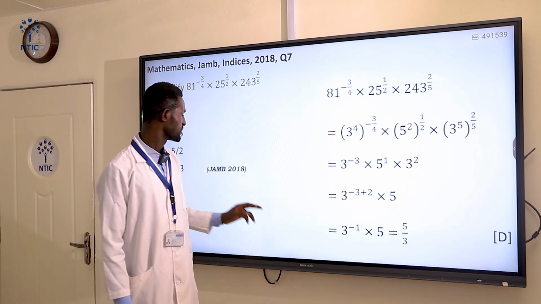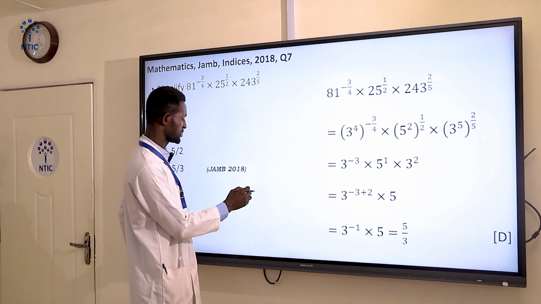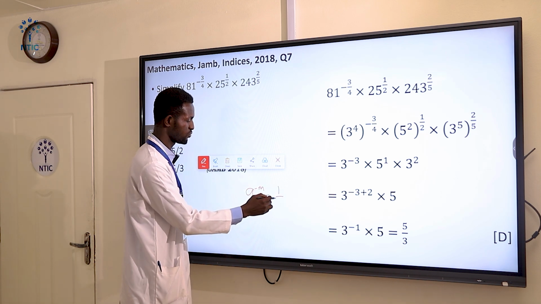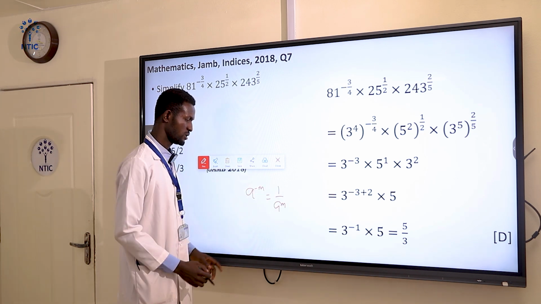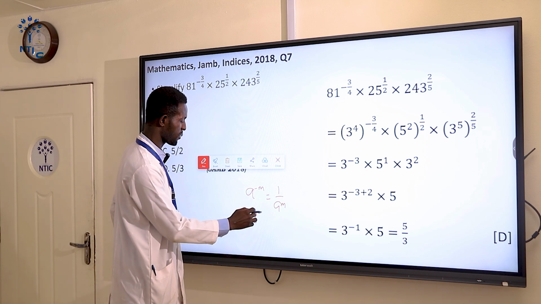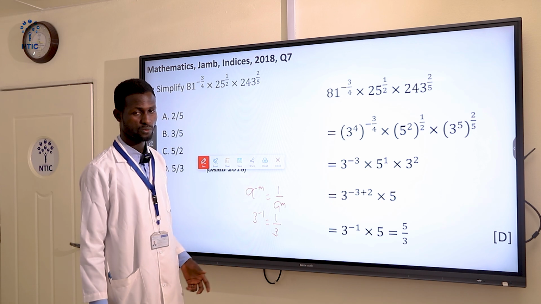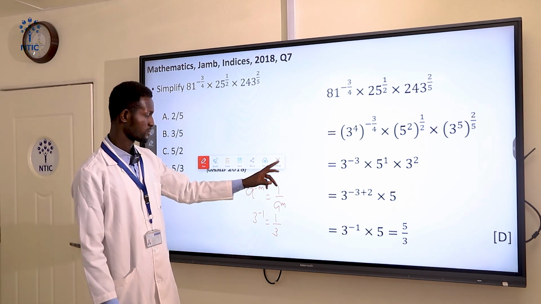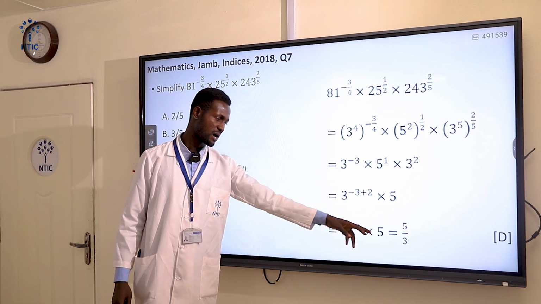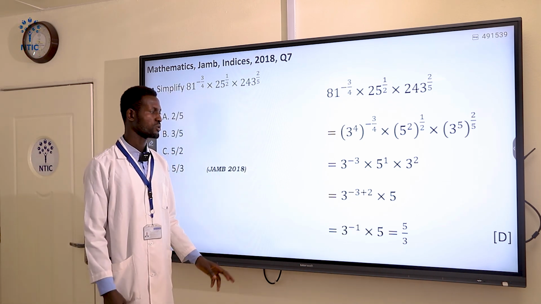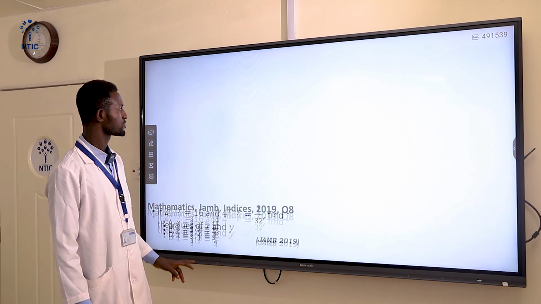If you apply the law of indices, that is a raised to the power minus m is equal to 1 over a raised to the power m, it implies that 3 raised to the power minus 1 is 1 over 3 raised to the power 1, which is still 1 over 3. Then we multiply out, we get 5 over 3. So we move to the next question.